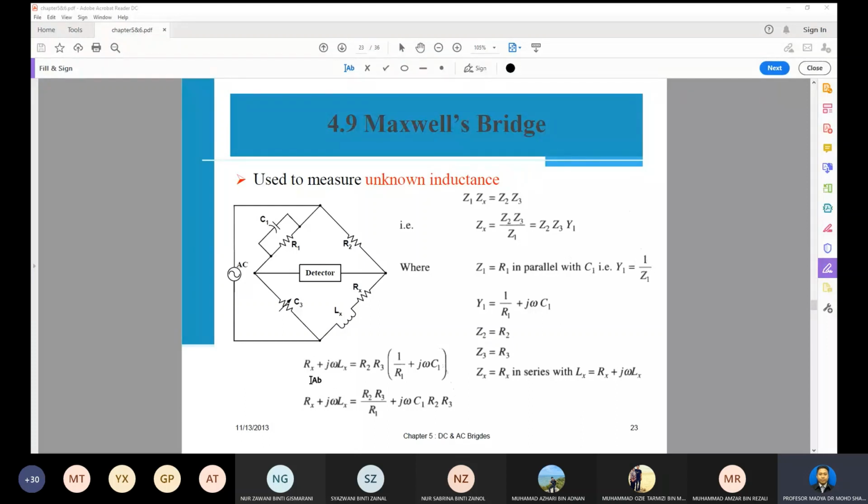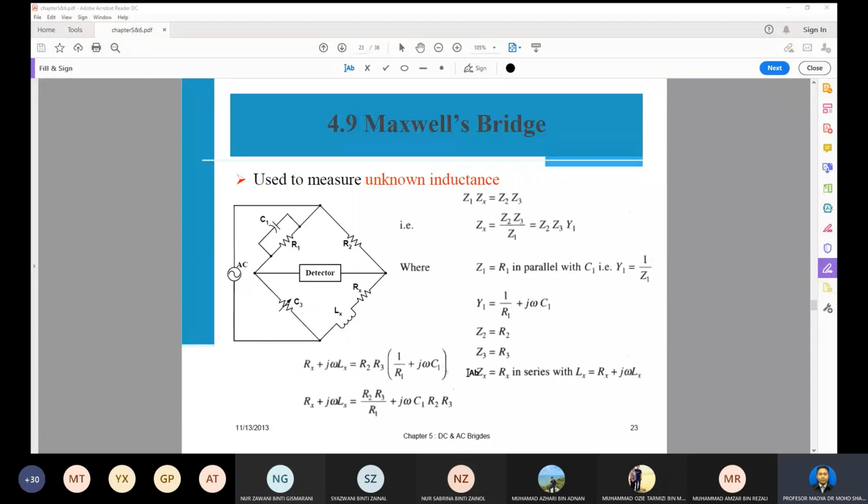So you can get Rx plus j omega Lx equals R2 multiplied by R3, multiplied by 1 over R1 plus j omega C1.